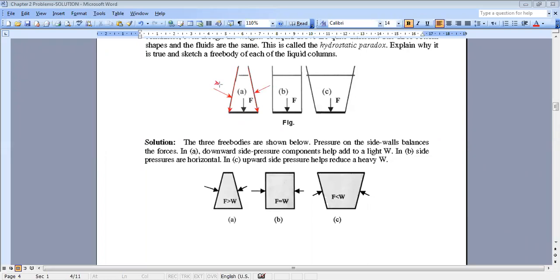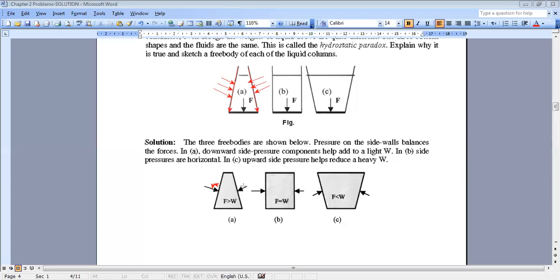Of course, it's a distributed load, but at the end, when you want to calculate the total force, you can represent it as we have done here by two inclined forces perpendicular to the surface. And always the force of a surface on a fluid is directed from the surface towards the fluid. This is why these two forces are downward.